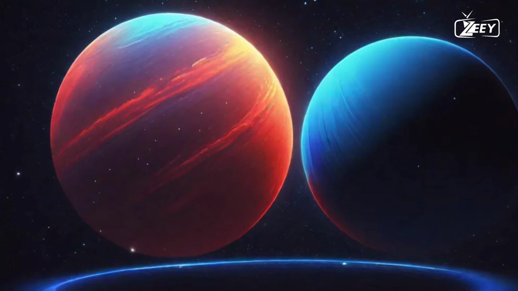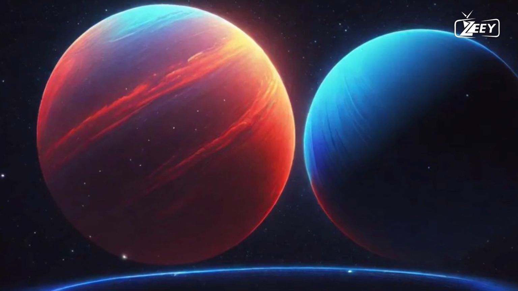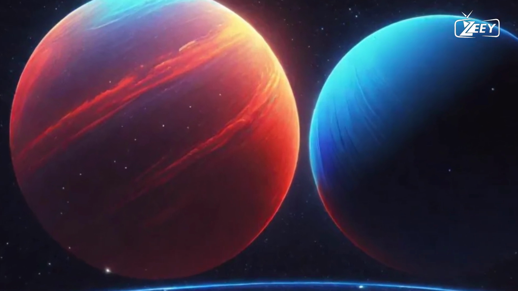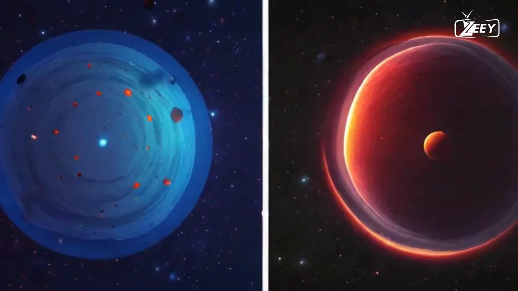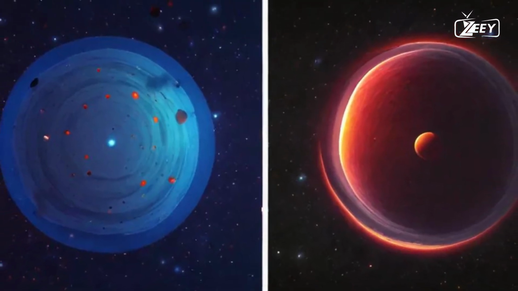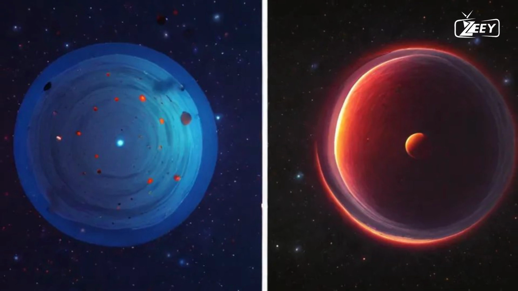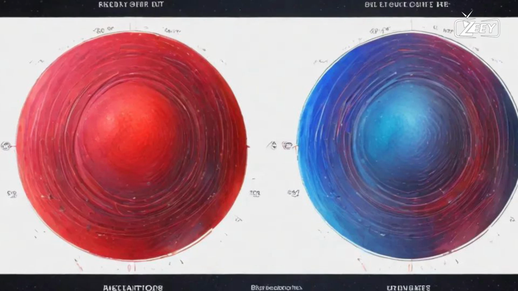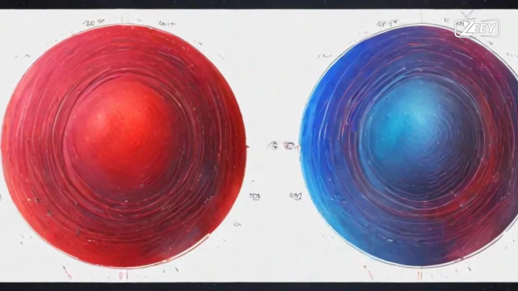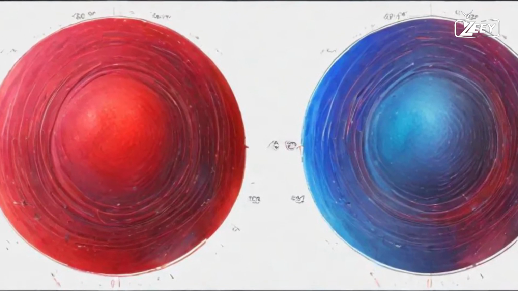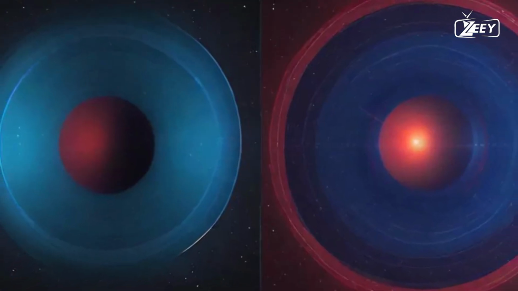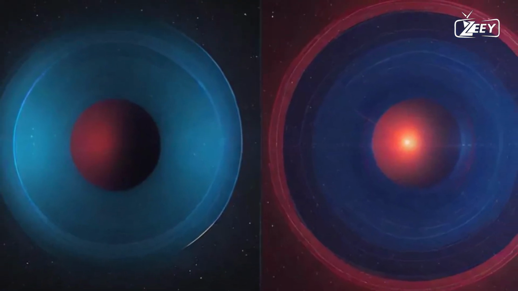For instance, by analyzing the redshift of light from distant supernovae, astronomers have gained insights into the rate of expansion of the universe, leading to the revolutionary discovery of dark energy, a mysterious force that appears to be accelerating that expansion. Dark energy is one of the greatest enigmas of modern astrophysics, and understanding it is paramount for unraveling the ultimate fate of the universe.